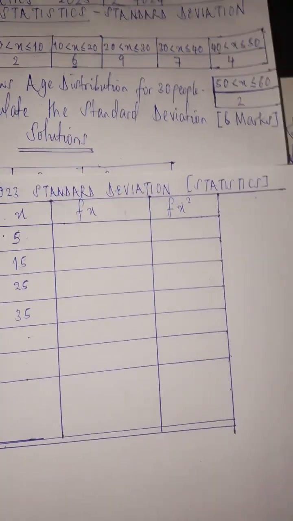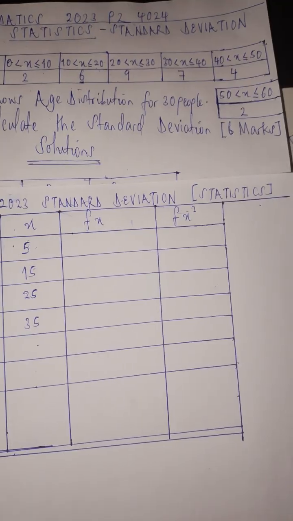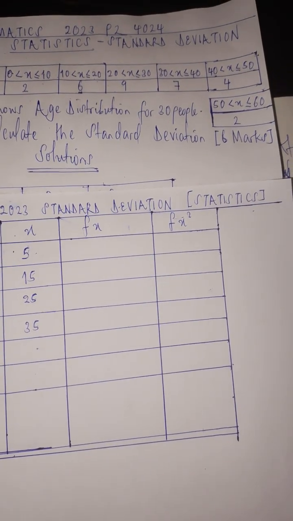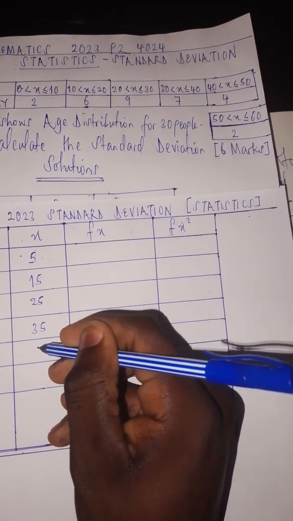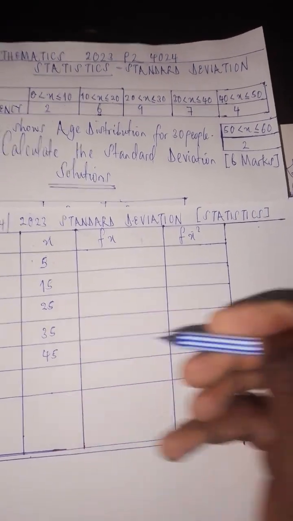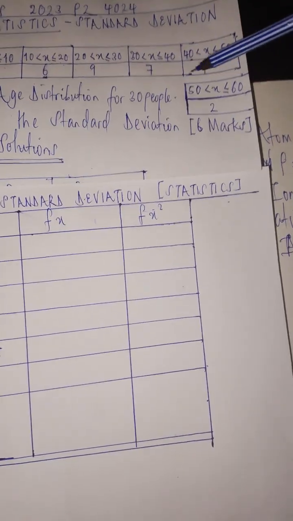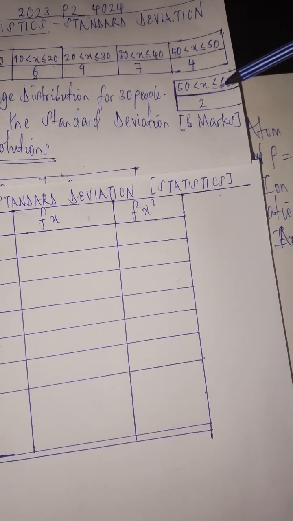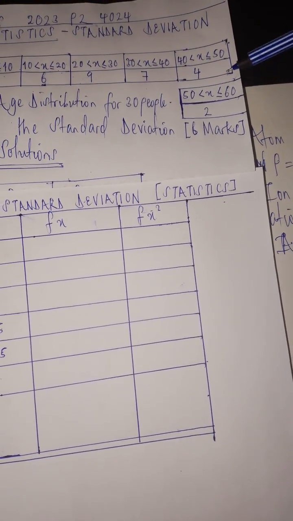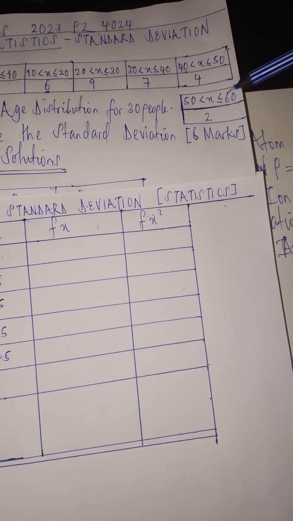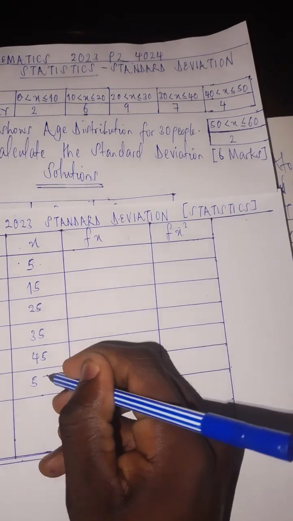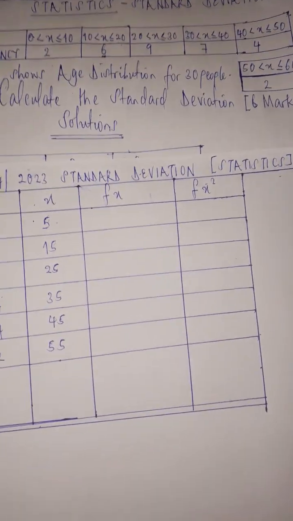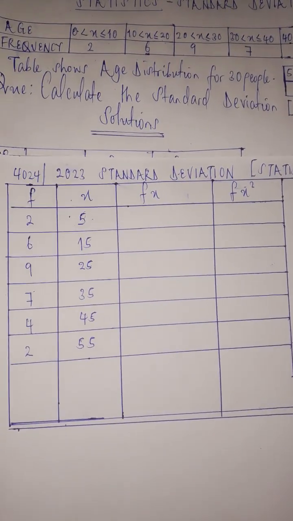Then the other one, it's 40 plus 50 divided by 2, that is 45. Then the last one, it's from 50 to 60, so 50 plus 60, that is 110 divided by 2, that is 55. So I'm going to write 55 here. Alright, so I have my midpoint.